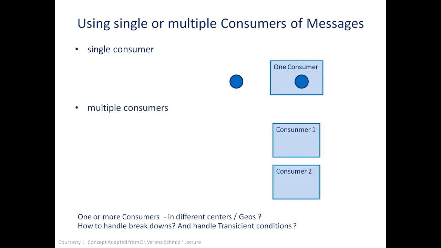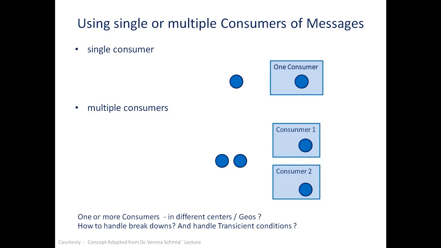Now, when there are more than one consumer, what happens is it goes in a round robin fashion. So first it goes to consumer 1, then consumer 2, then it waits till consumer 1 or consumer 2 are available for further processing. Then the message goes in a round robin fashion or any other priority order that we decide.